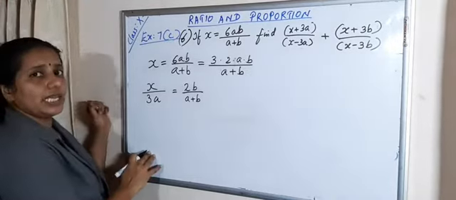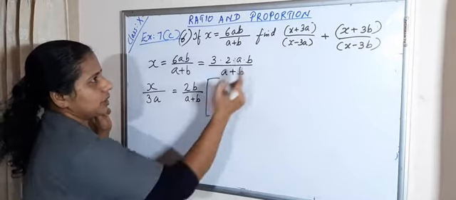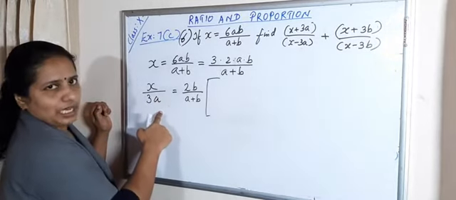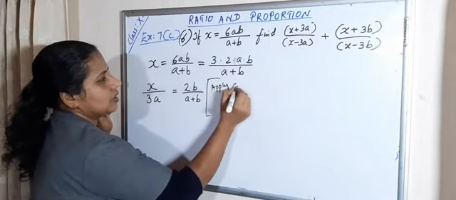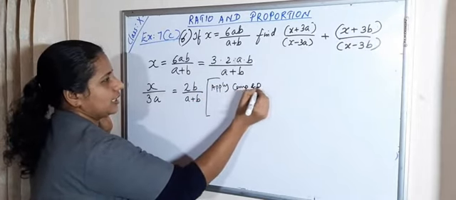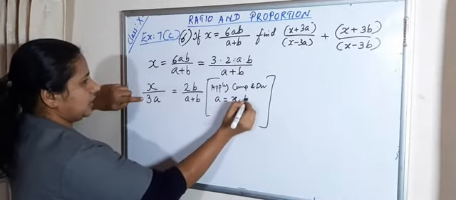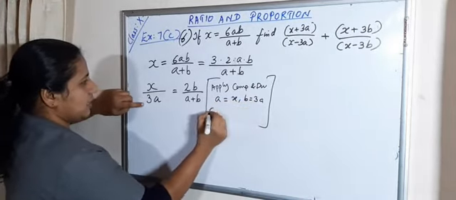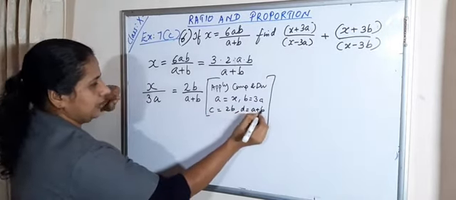Now apply componendo and dividendo. Apply, because (x + 3a)/(x - 3a) is there. So apply componendo and dividendo. A is equal to x, b is equal to 3a, c is equal to 2b, d is equal to a plus b.